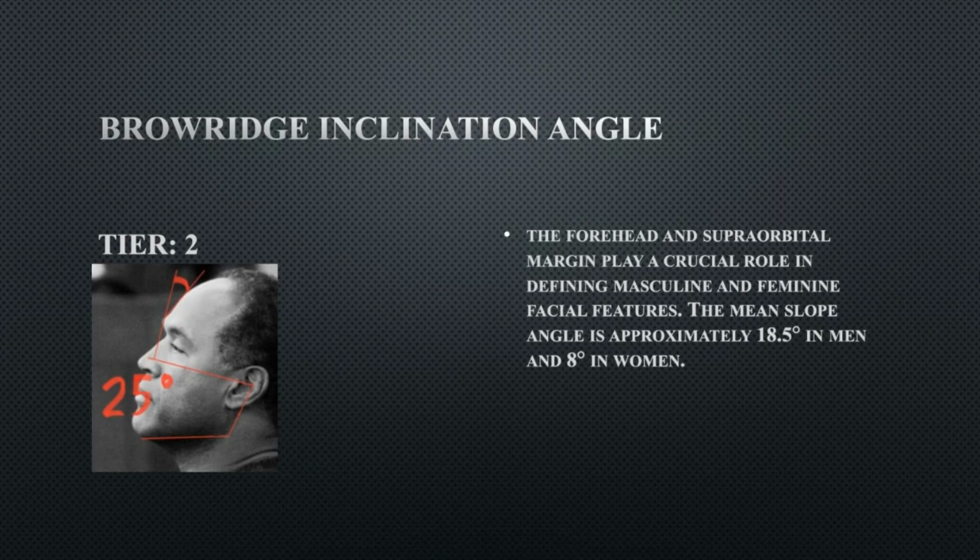The brow ridge inclination shows how inclined his brow ridge is relative to the Frankfurt plane, at 25 degrees, and that is a little bit outside of the ideal range. His brow is a little bit too far back, and as you can see, he does have a lot of brow bossing, and the brow bossing is right here.